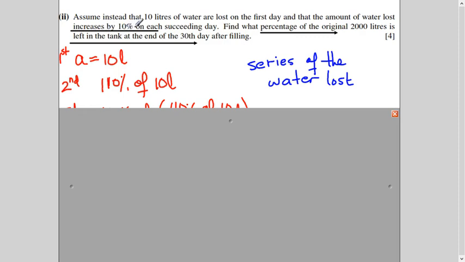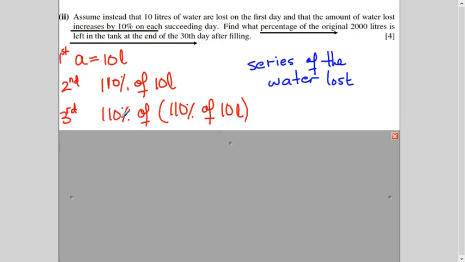And we know from the concept of percentage, when it is increased by 10%, original is always 100%, so we add in it. If it was decrease, then we subtract, right? So right now we are writing 110. Third day, it will be 110% of previous day, which is this, right? So if you multiply them, it will be square of this.